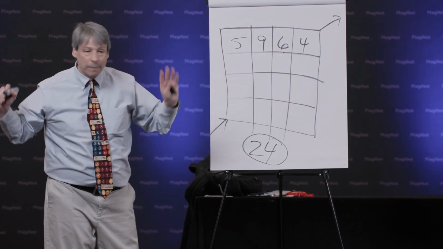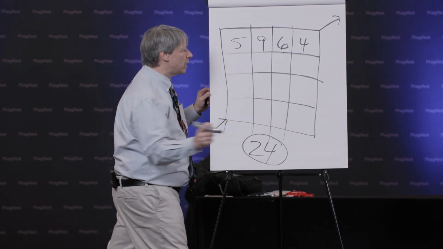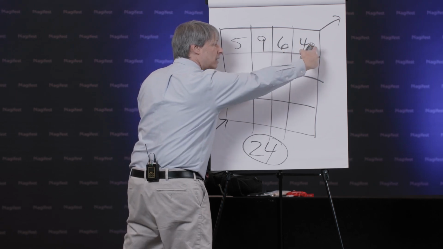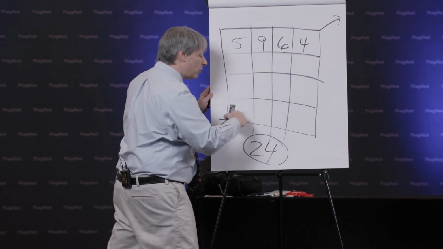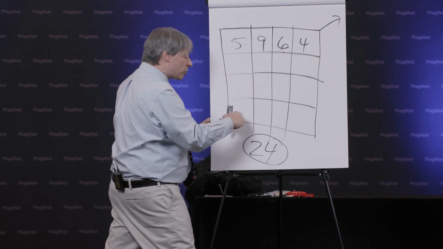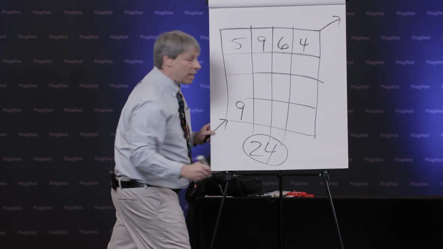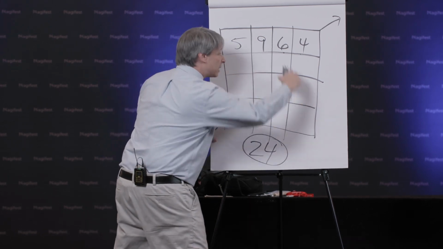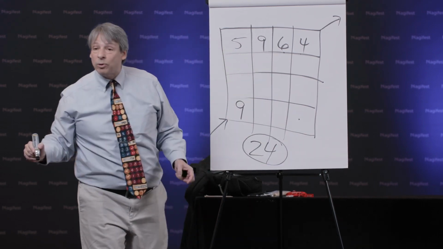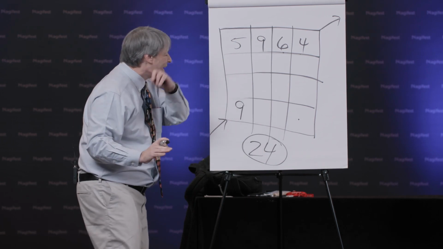Now, because you've seen Blake's magic square already, you know that the birthday not only will appear in the top row, but also in the 4 corners. So what number must go here? 9. And that's the first number I write down. And what number must go there? 6, right? This 6 up here has to go there. But that's the last number I write down because I don't want to give it away too soon. I don't want people to see that.